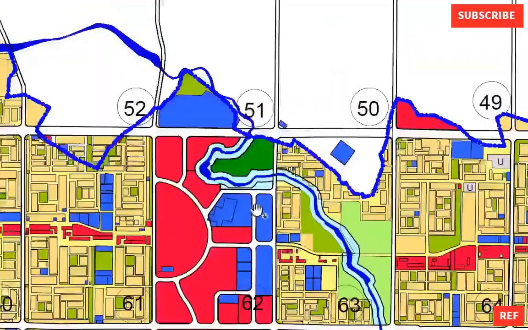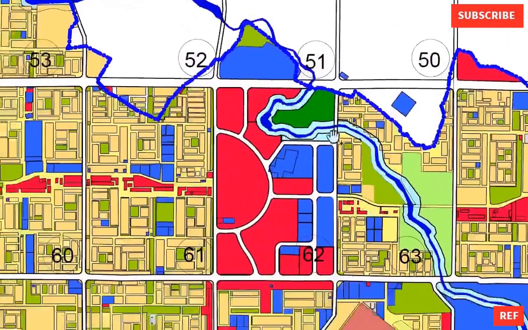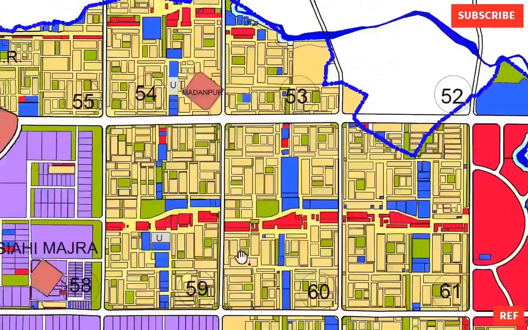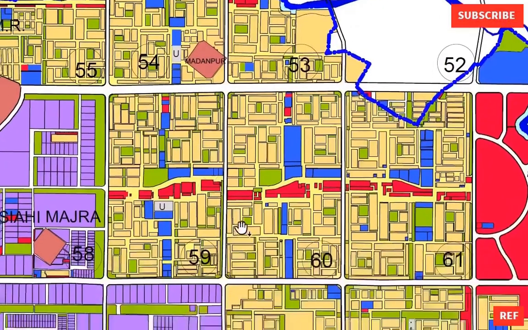We have got Nature Park, Leisure Valley in Phase 8, Sector 62. We have recently got Rose Garden in Phase 3B1, Sector 60 in March 2021. The Horticulture Department now has planned to plant more than 1500 different varieties of roses here. So we can imagine how beautiful it is going to look.